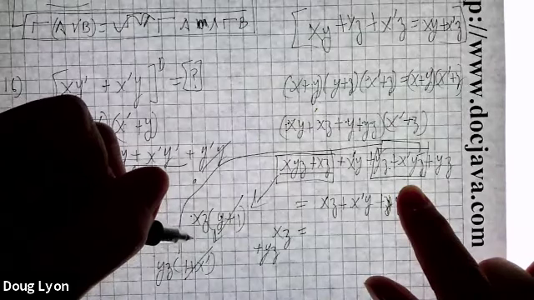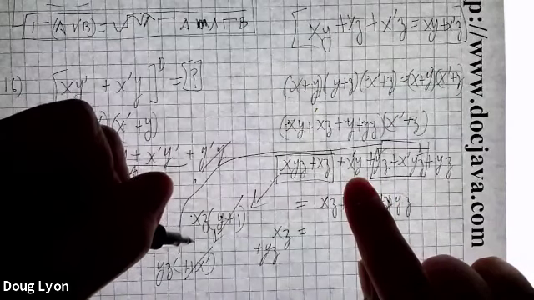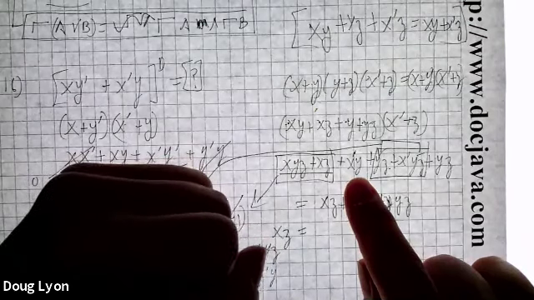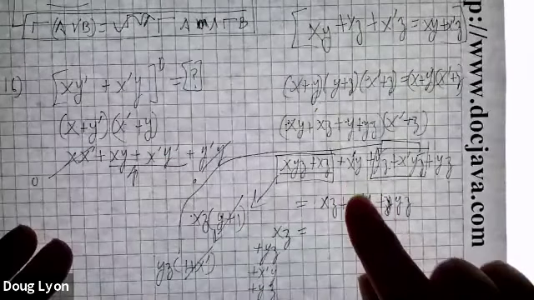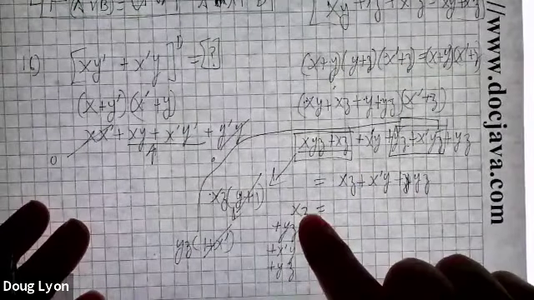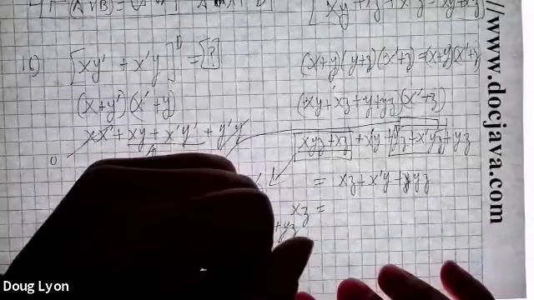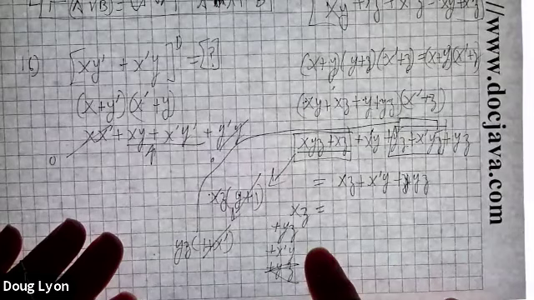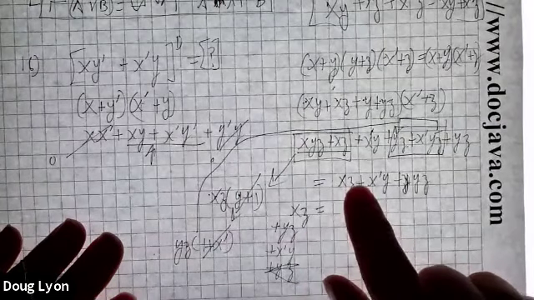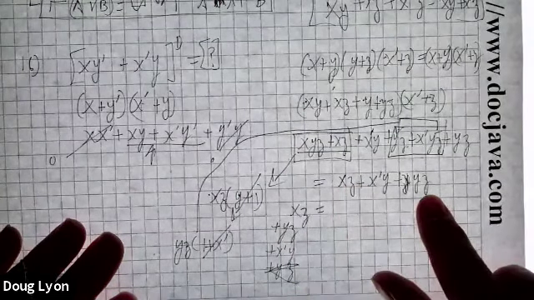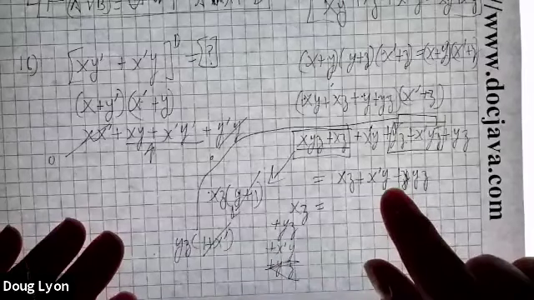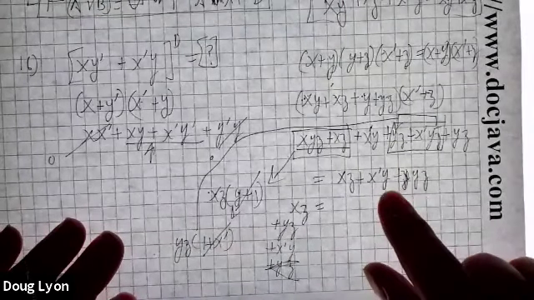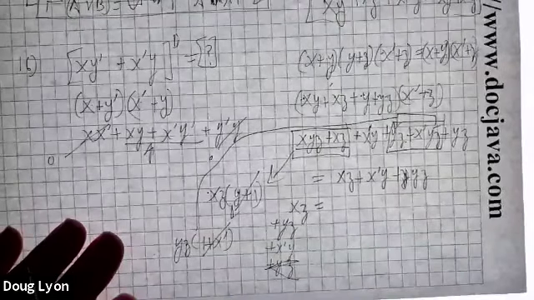And now I've got x prime y or yz. Well, wait a minute, I got yz in here twice. I don't need it twice, I only need it once. So that one goes away. And now, check it out. xz equals xz, yz equals yz, x prime y equals x prime y. It worked.